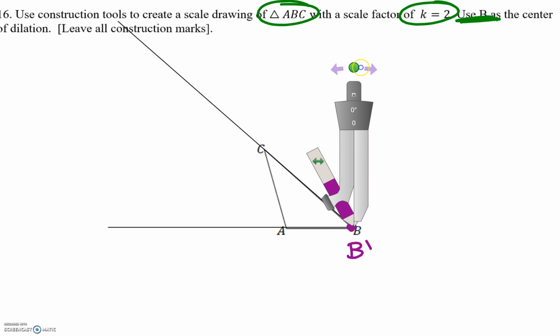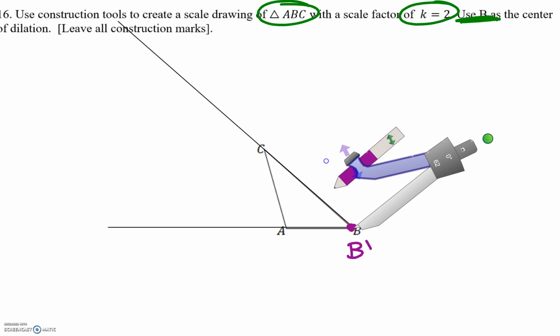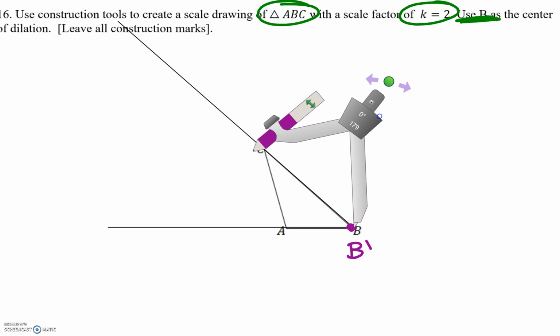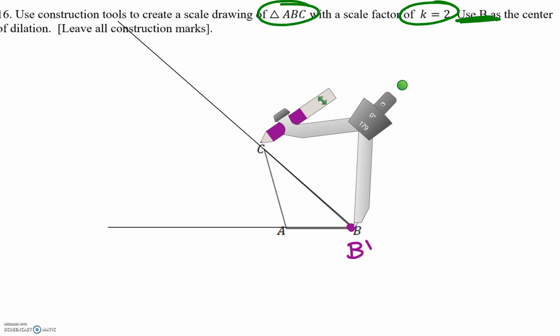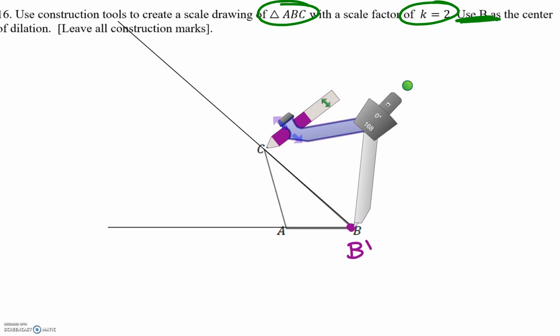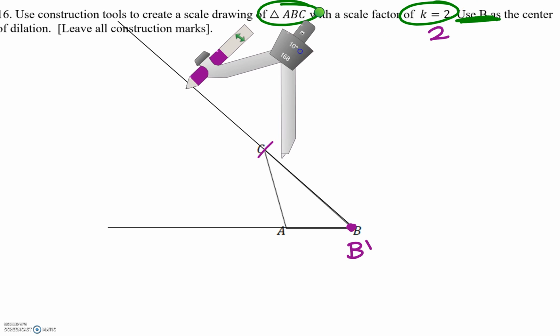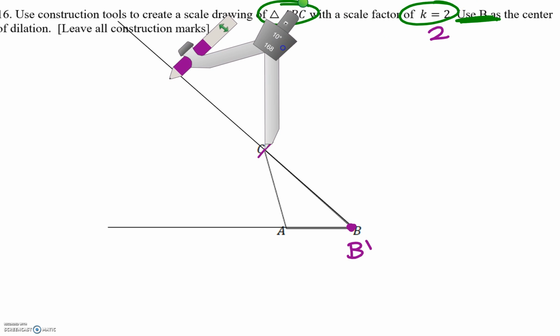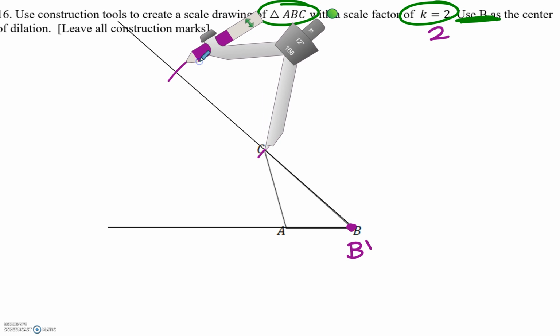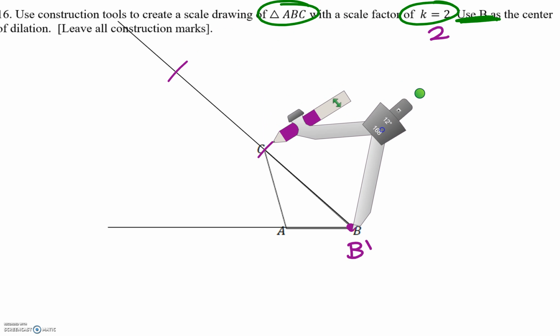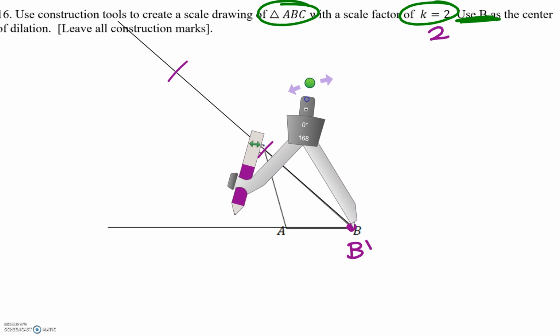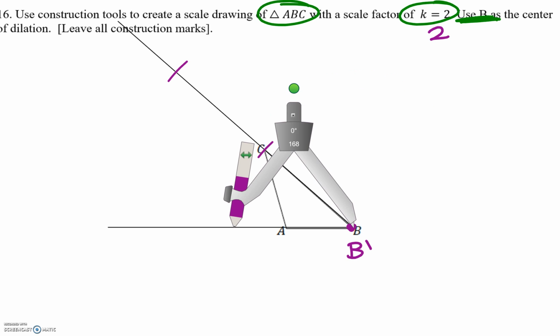So we're going to put our needle on the center of dilation, and we're going to open it up so that we have the entire length from B to C. So this right here, that first marking, represents a scale factor of 1, but we want a scale factor of 2, which means we have to move it over, putting our needle at C and making another marking. Now we're going to do the same exact thing from B to A prime.